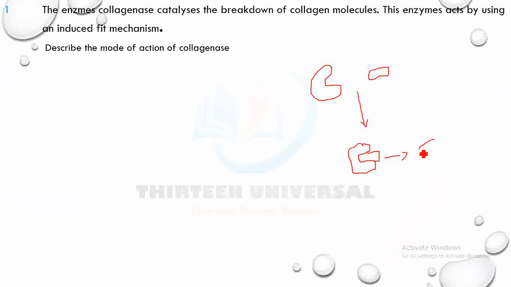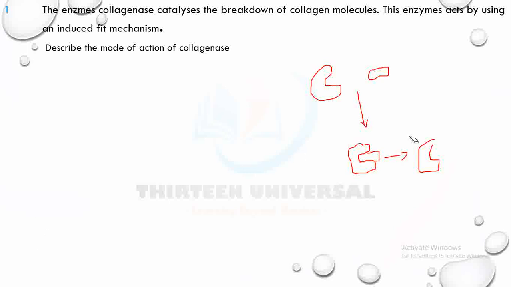So the interaction between the amino acids on the enzyme's active site and the substrate helps to form a bond that hydrolyzes the substrate.